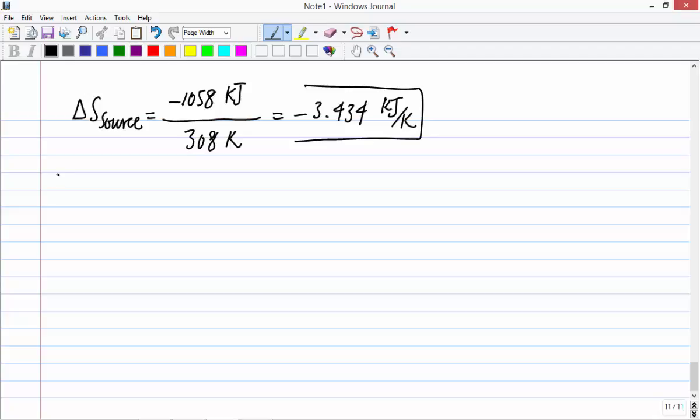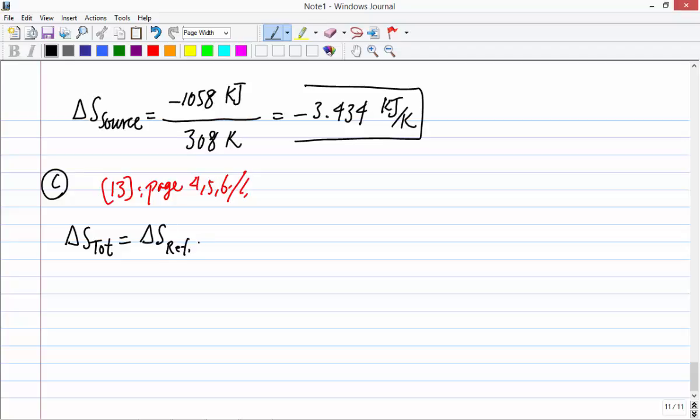And the second question asks for the total change. If you look at these pages on lecture note number 13, you'll see that the total change of entropy of a process is the summation of delta S of the refrigerant plus the delta S of the source.